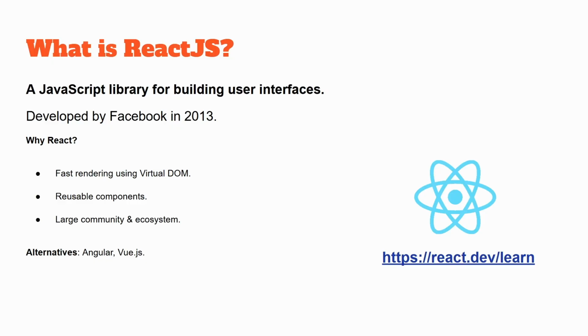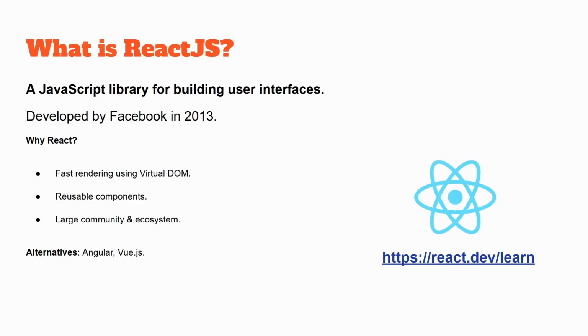First and foremost, this is a JavaScript library and it was developed by Facebook in the year 2013. Some of the main reasons why we use React.js are its speed and the use of virtual DOM. It has reusable components.